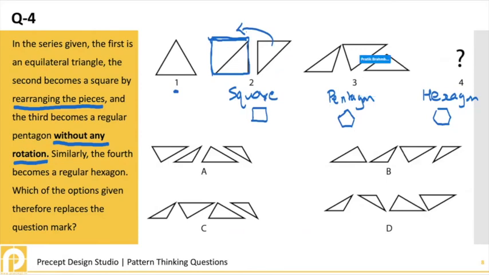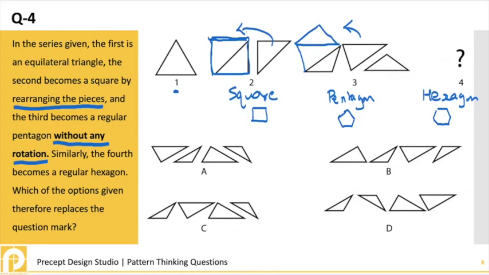This piece goes again on top here, arranges itself in this position, and then the final piece comes on top of it, like this. Okay, it forms a pentagon like this.